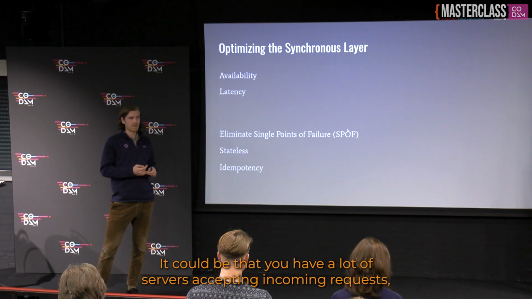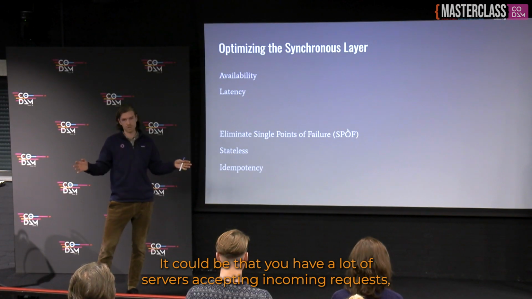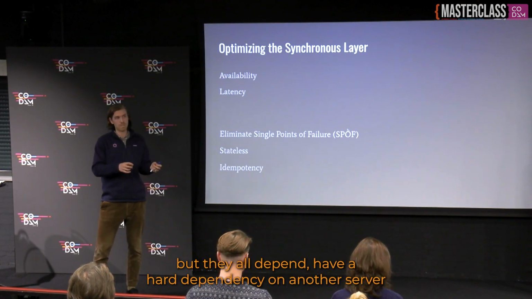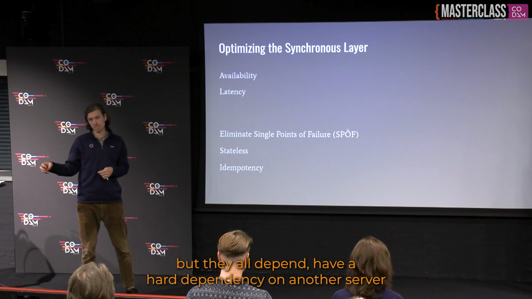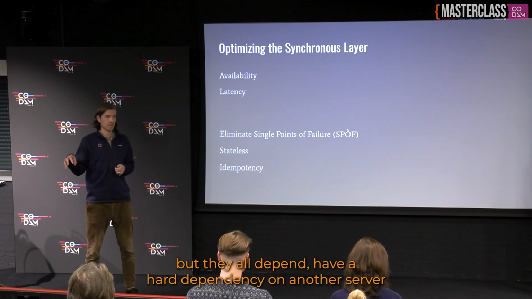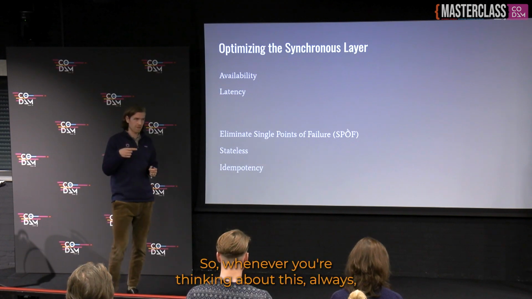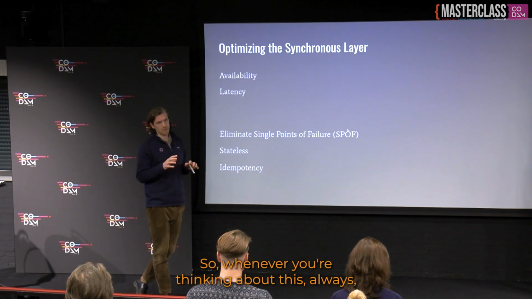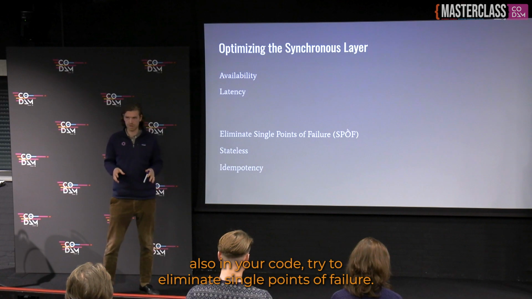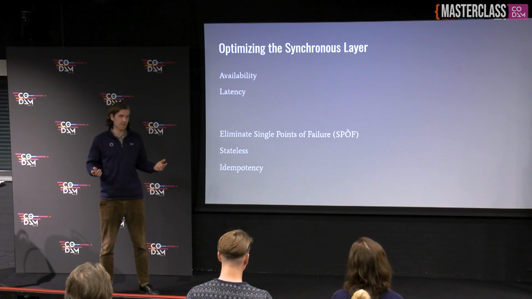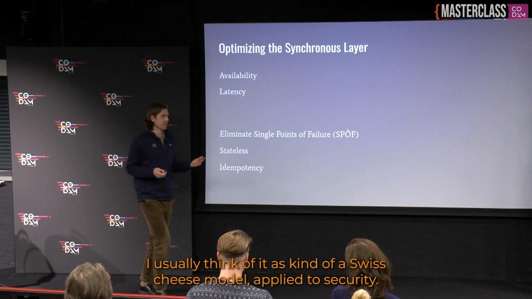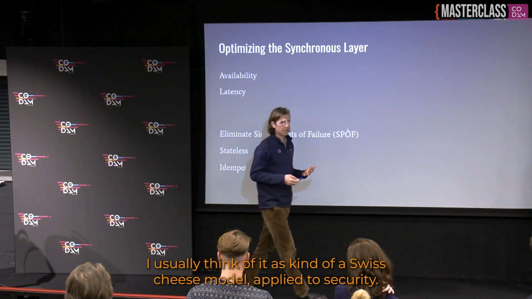It could be that you have a lot of services accepting incoming requests, but they all have a hard dependency on another service that you only have one instance of, right? So whenever you're thinking about this, always also in your code, try to eliminate single points of failure. Because that's killing, right? I usually think of it as kind of a Swiss cheese model.